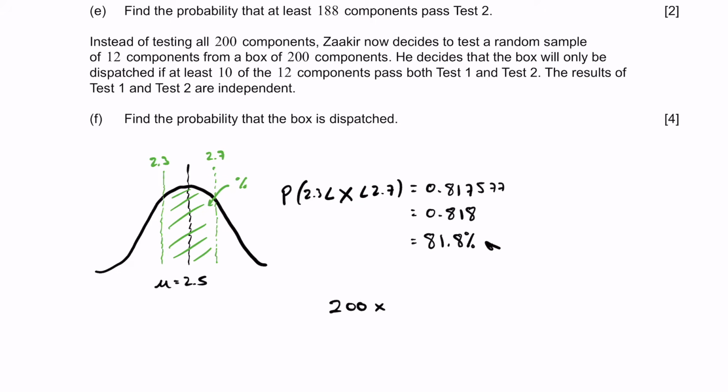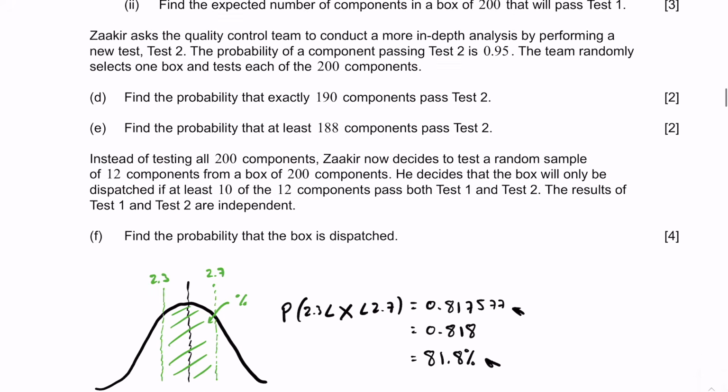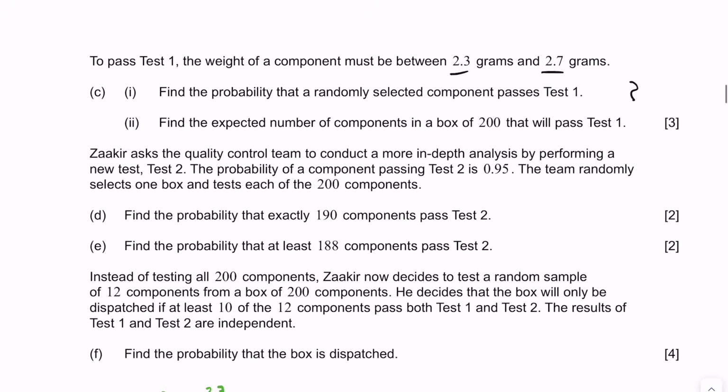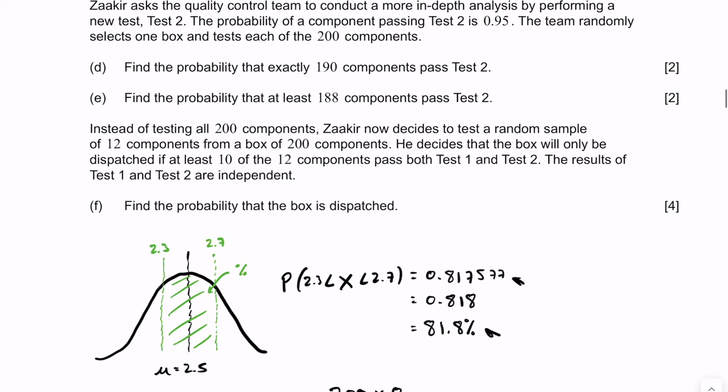So what we can do is multiply this by, and I'm going to use this full accuracy rather than 3 sig figs, because we're still technically within question C. So we're still within the same question.